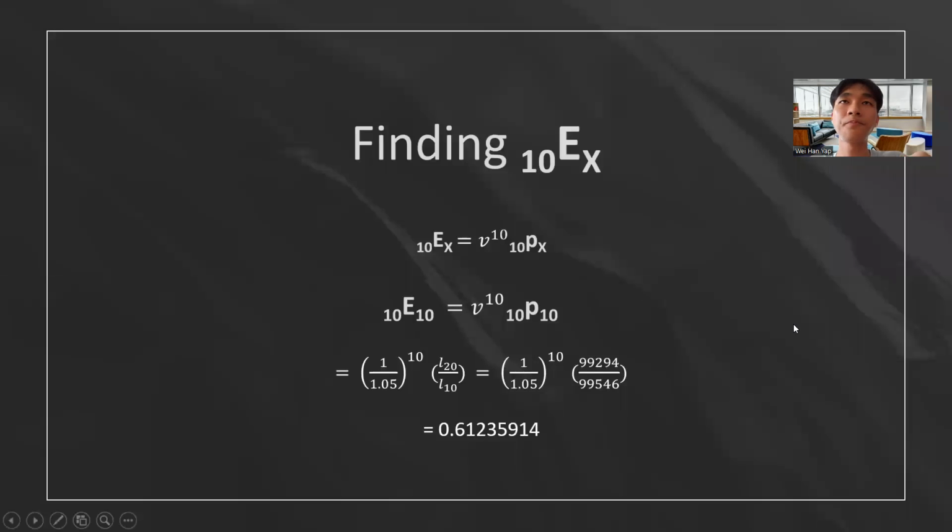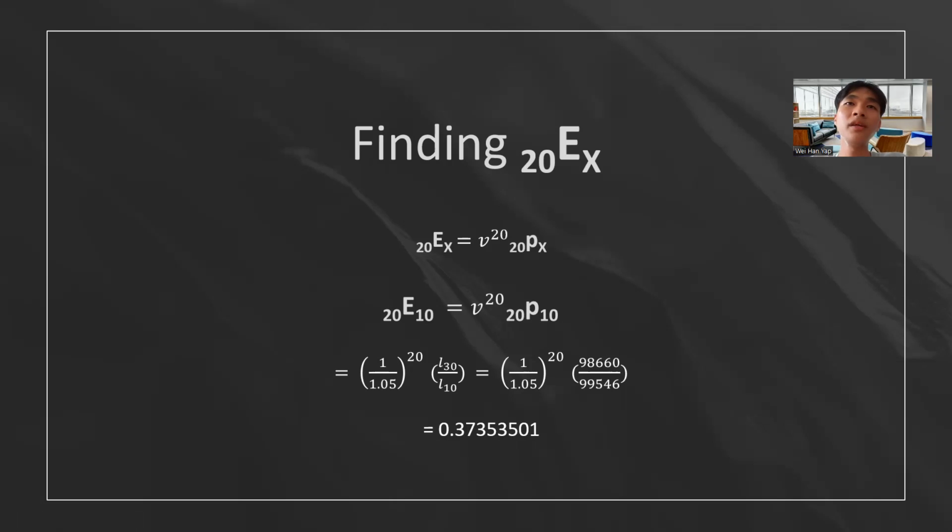So I'm correct. Lastly, we are trying to find the 20Ex. As I mentioned just now, 10Ex is pretty much the same as 5Ex, and 20Ex is as well. It's just that our power is different. In this 20Ex, we are going to discount 20 periods, and then use 20px. So in our case, 20E10, we discount 20 times and then 20p10, provided you are still alive.